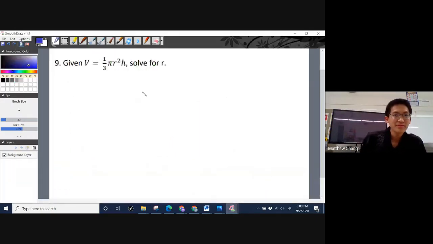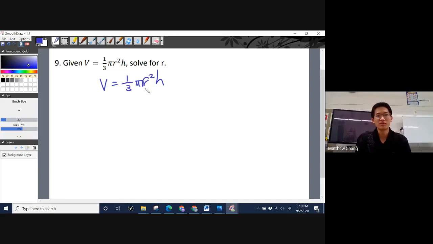Okay. Next one, given V equals 1/3 pi r squared times h, solve for r. I think this is the volume of a cone. V equals 1/3 pi r squared times height. Our goal is to solve for the radius.